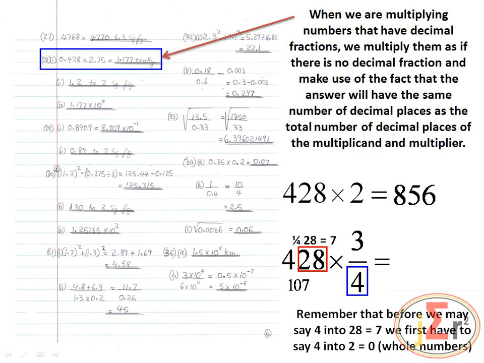And I am emphasizing, when we say 0, we mean no whole number of times, because we know that 4 into 2 is a half, but for the purpose of that long or short division, we are working mainly with whole numbers, so we say no whole number of times. That is what the 0 is for.